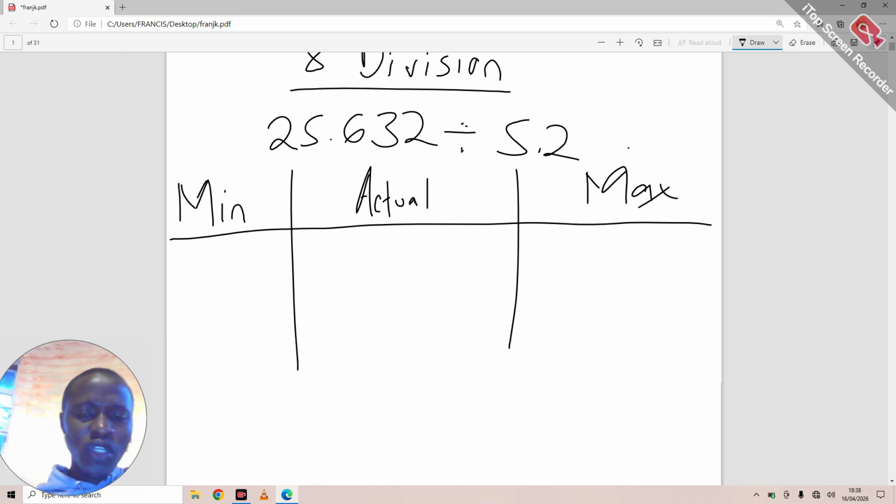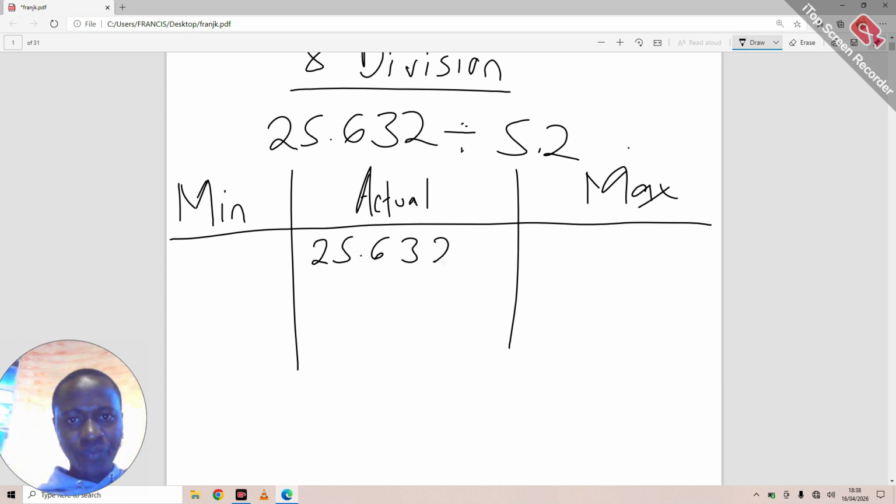So for division or multiplication, let the greater number, the biggest number, be at the top. Like for instance, we have 25.632 divided by 5.2. So we shall have it this way, 25.632, and down here we shall have 5.2.